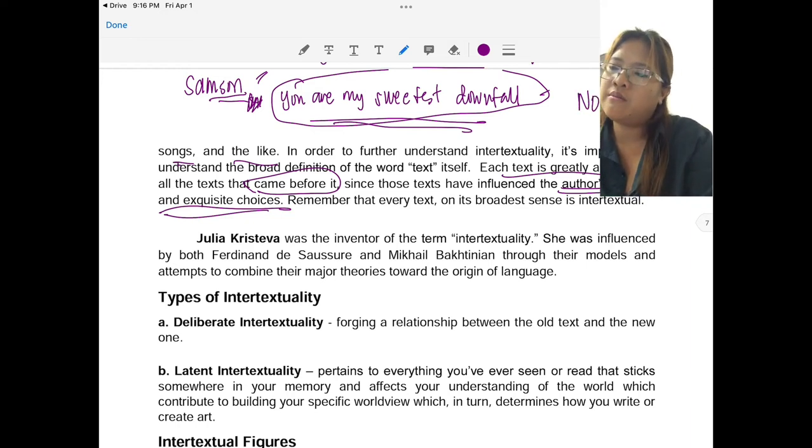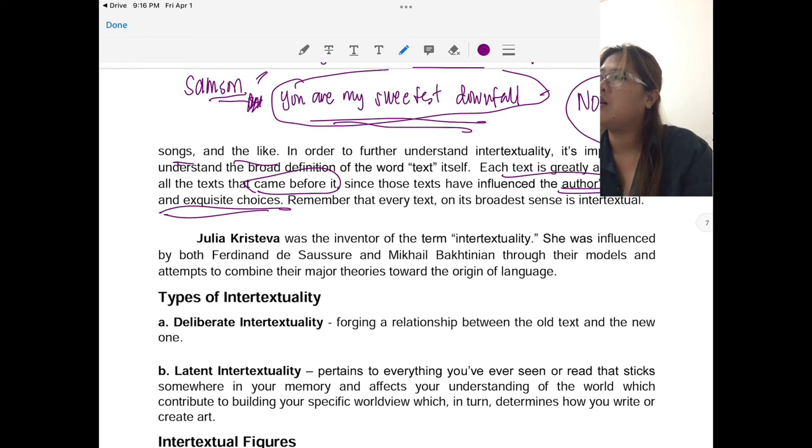Even with Noli Me Tangere of Jose Rizal, there are numerous influences like Uncle Tom's Cabin, and there's another one by Victor Hugo. Okay, what's that again? I'm gonna recall it later.